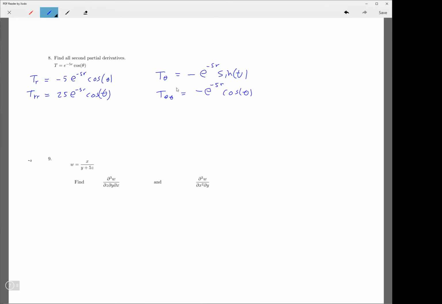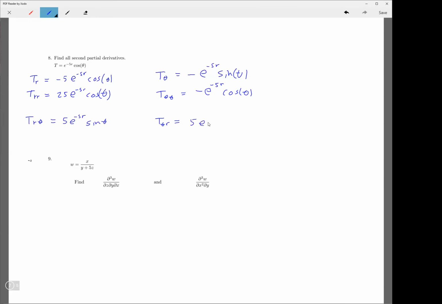Now, you also have the mixed partials, t r theta. That would be where you take this right here and take the partial with respect to theta. So that's the negative sine, so that's going to be 5 e to the negative 5r sine theta. And if you do theta r, then that's taking the derivative with respect to r now. So you have a negative 5 coming down.